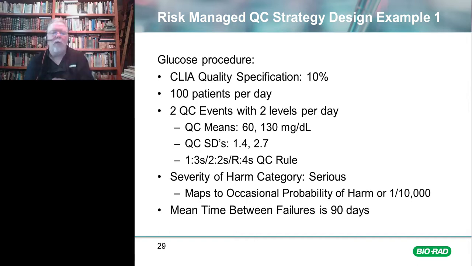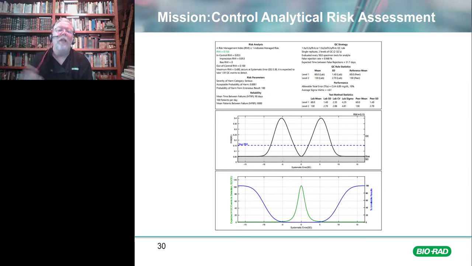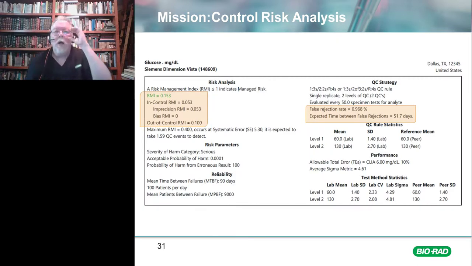So if I put all of these metrics into this calculator called Mission Control, it's going to compute what my risk assessment is. And in this particular case, I really want to consider 2 outcomes. First of all, I want to see what is my RMI. In this case, it's pretty low. It's 0.153. And I can also see that most of that risk is coming from the out of control side, but it's still very low.